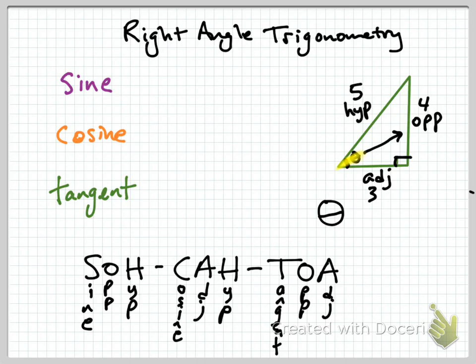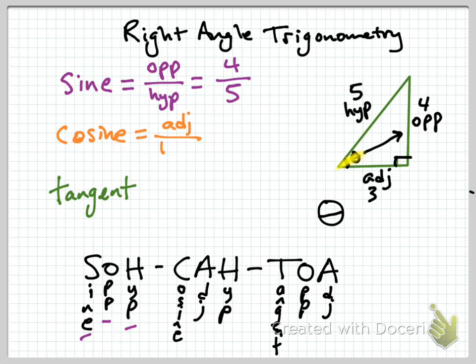Let's walk through how. We said sine is opposite over hypotenuse, which equals 4/5. We said cosine, CAH, is adjacent over hypotenuse. So you'll notice sine and cosine are both over the hypotenuse.